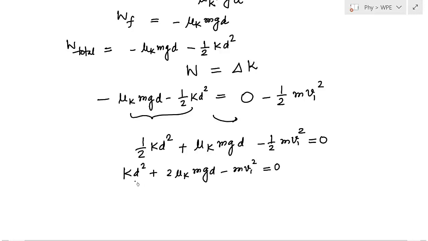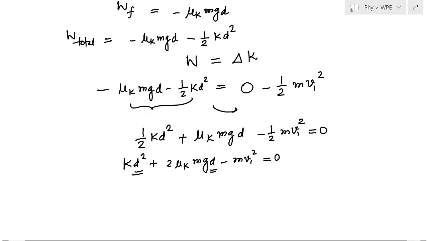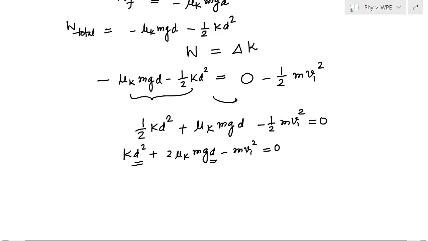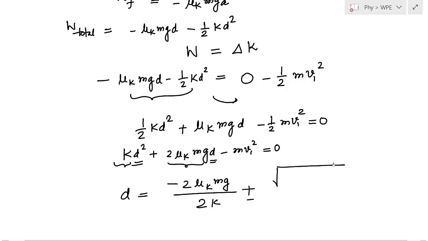Now this is a quadratic equation in D. So we have to solve for D, and if you remember, we can solve for D using the formula, that is D is equal to minus B. In this case B is this term, so 2 mu k mg, minus B by 2a, and a is in this case k, plus minus under root b square minus 4ac.